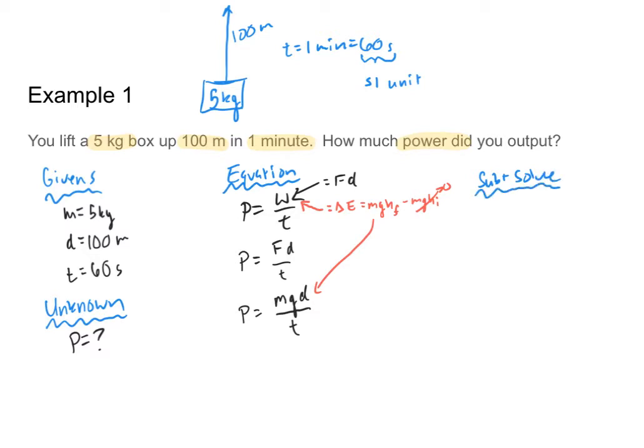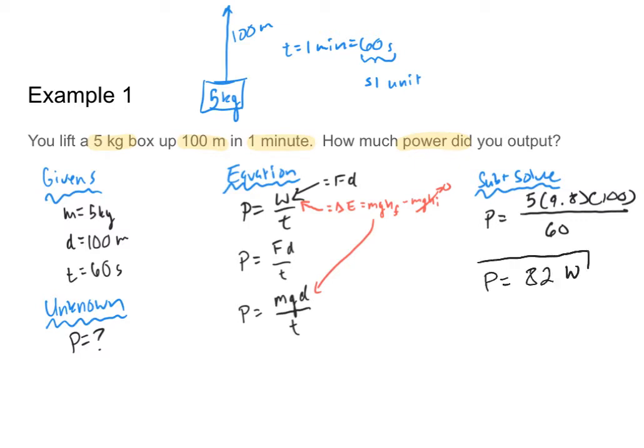So what I will write then is that power is equal to 5 times the 9.8 times 100 over my time, 60. And when I plug that into my calculator, I will get that your power output was 82 watts. And there you have it, guys. That is the solution to our first problem.